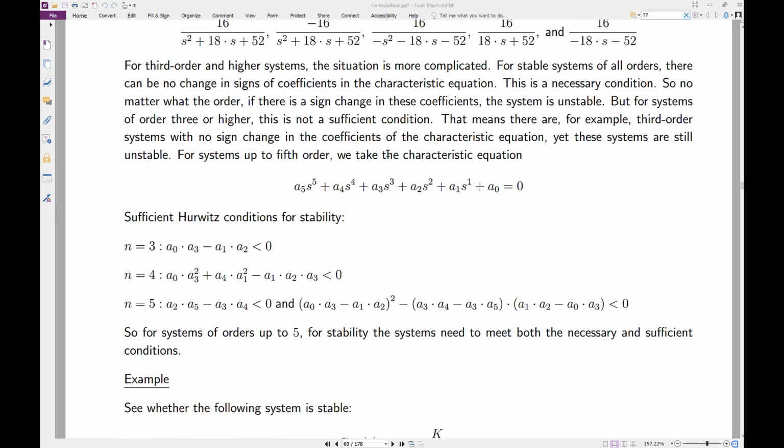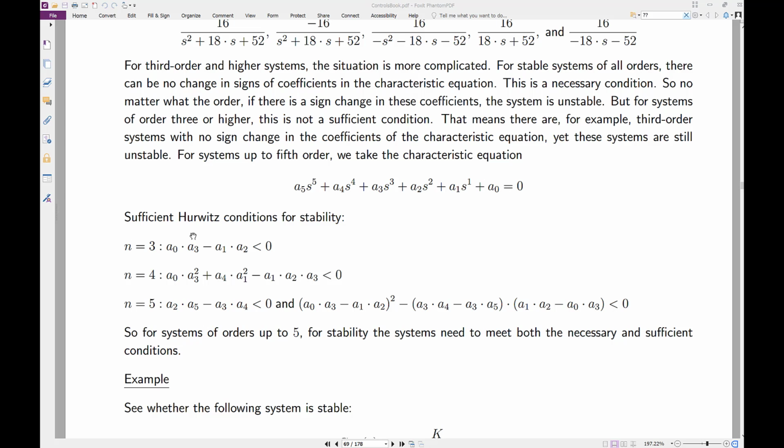Once you get up into order 3 and more, then things get a bit more complicated. What I've done is given the conditions for stability for systems of order 5 and less. You hardly ever run into a system that's greater than that. What happens is, if you have a system that has a high order, often you can ignore parts of it, the really fast poles, as we say. They're the ones that decay very quickly.